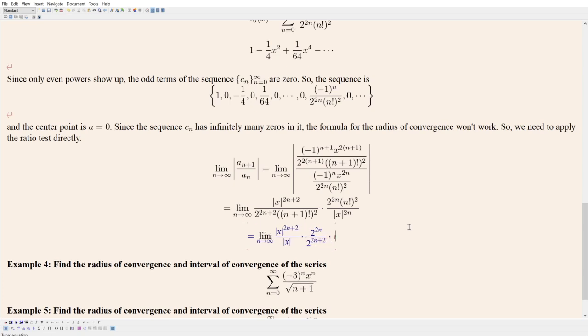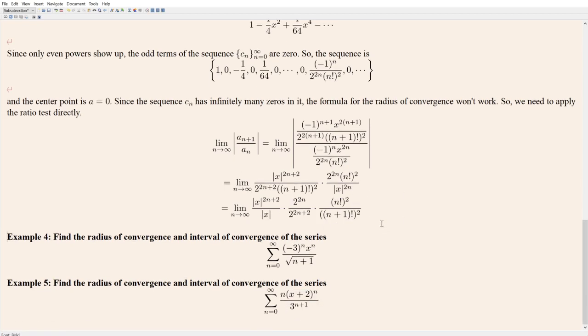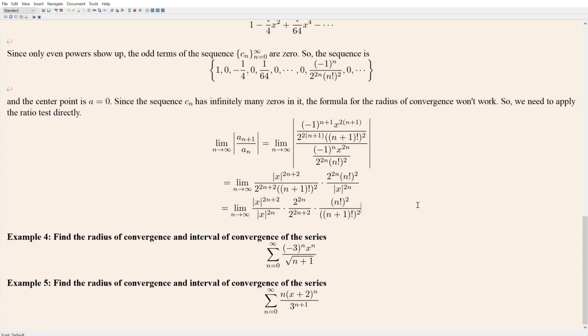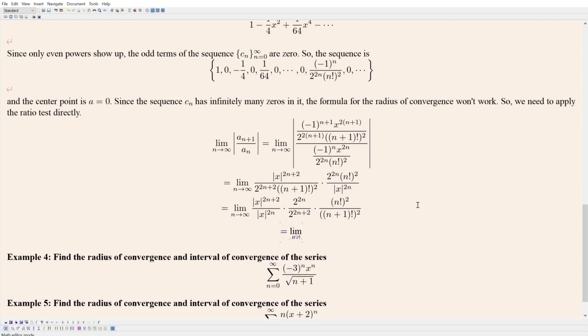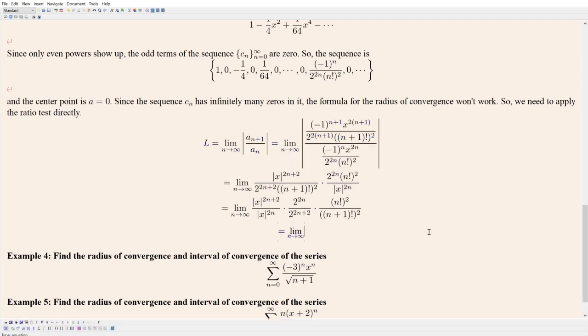And I will group the factorial terms together, like so. Now we can see that a bunch of stuff is going to cancel. Whoops, there needs to be a 2n up here. Whoops, and this guy is called L, because this is the ratio test.